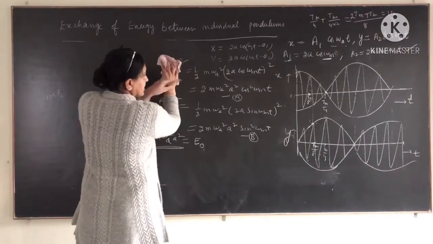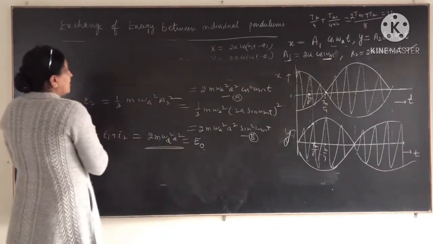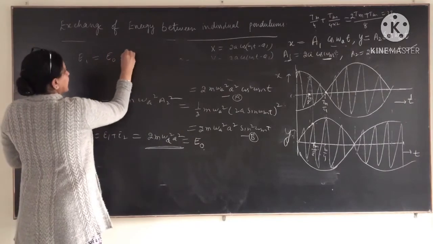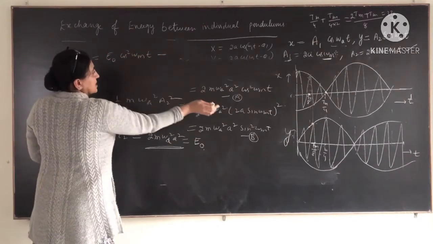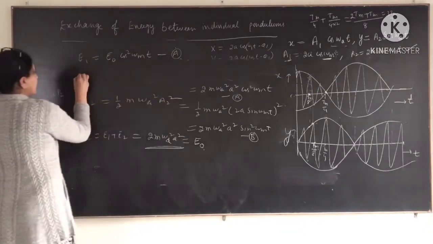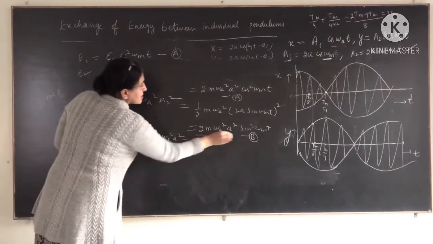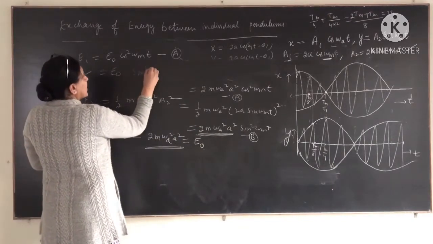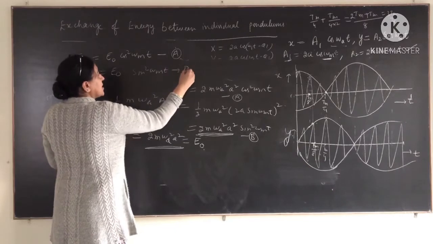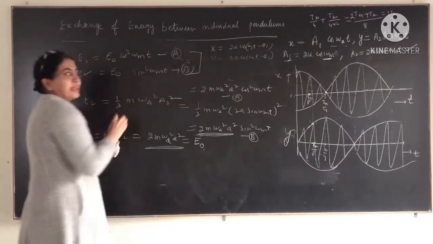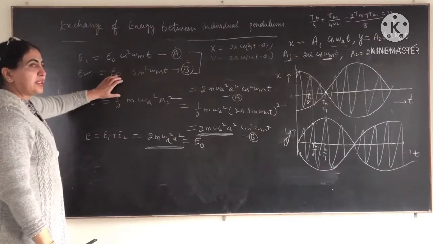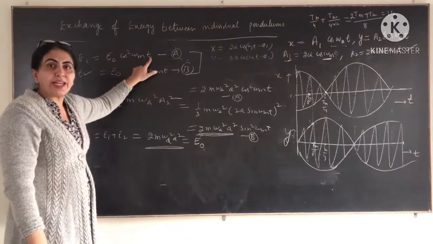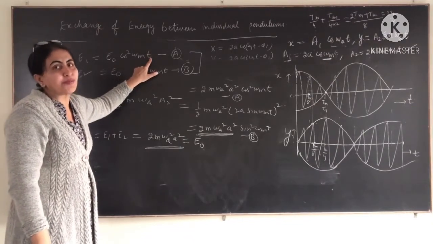So E1 is this now, E1 becomes E naught cos square omega m t. So equation A converted to this, then E2 is E naught sin square omega m t, taking equation number B. So from equations A and B, the energies of pendulum P1 and pendulum P2 depend upon small t.